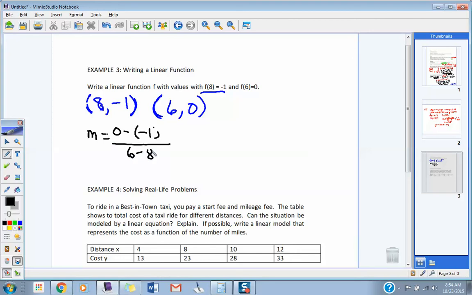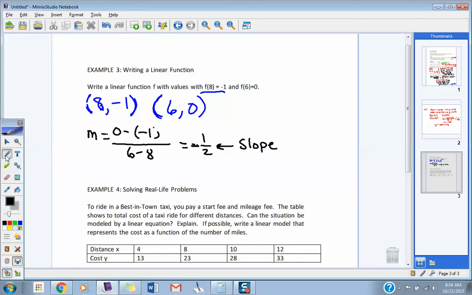Okay, so up top I have 1. On the bottom I have negative 2. 1 over negative 2, so what's my slope then? Negative 1/2, right? Slope's negative 1/2.